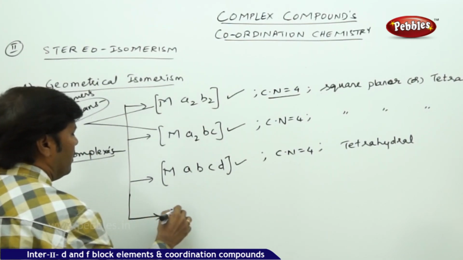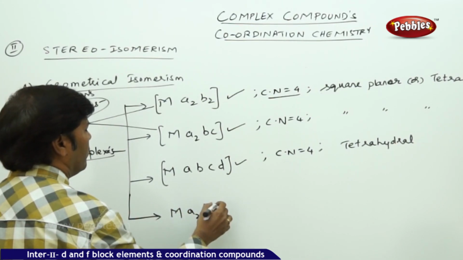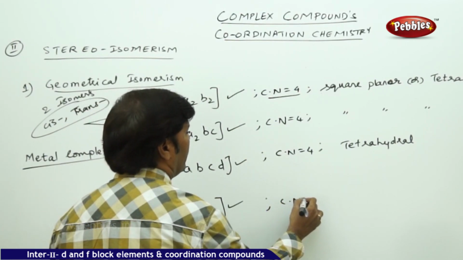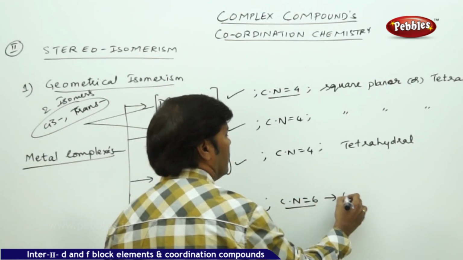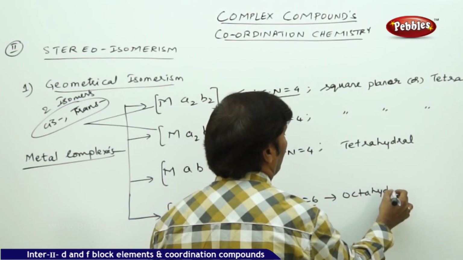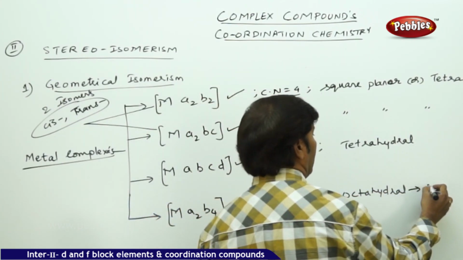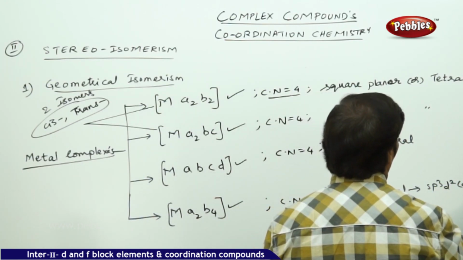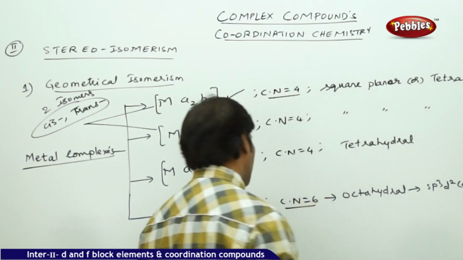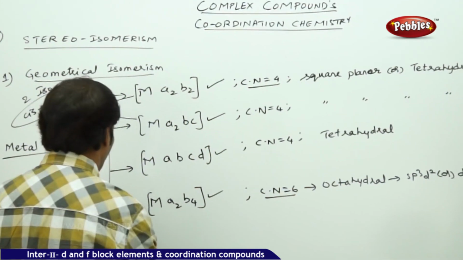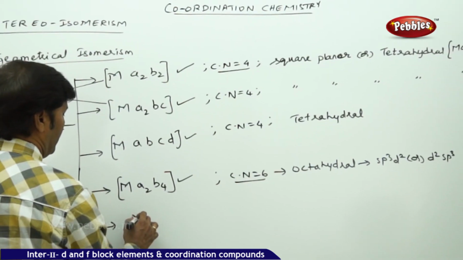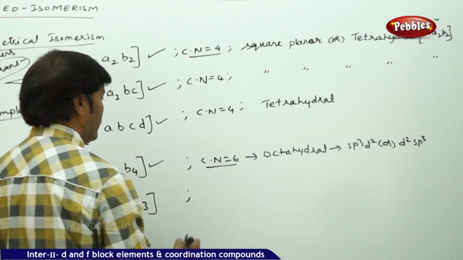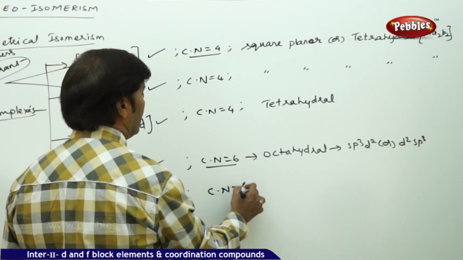Likewise, if you go for Ma2B4, yes, it will give geometrical isomerism. Its coordination number is 6. If its coordination number is 6, it is octahedral, and its hybridization is sp3d2 or d2sp3. Sometimes you can also take Ma3B3, which can also give geometrical isomerism whose coordination number is 6.